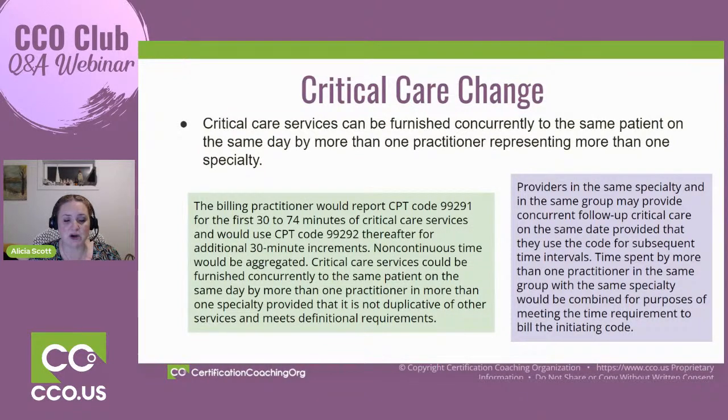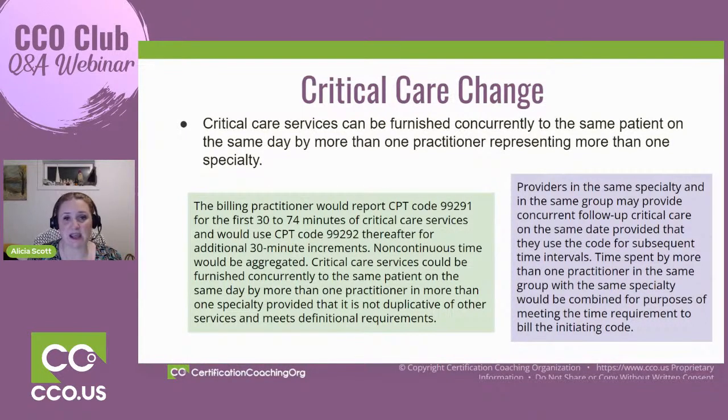But it went on there to say, kind of in the middle of that green box, non-continuous times would be aggregated. And then your critical care services could be furnished concurrently to the same patient on the same day by more than one practitioner in more than one specialty, provided that it is not duplicative of other services and meets definitional requirements.